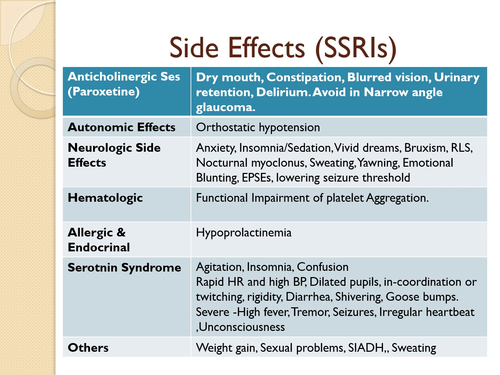So, if the person comes with the problem of urinary retention, you can think of anticholinergic side effects of SSRI or TCA. Autonomic effects are the same, orthostatic hypotension.